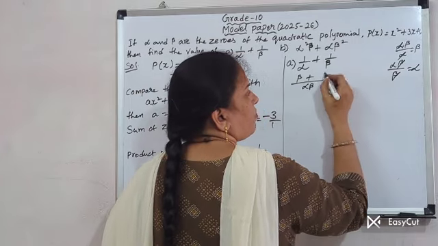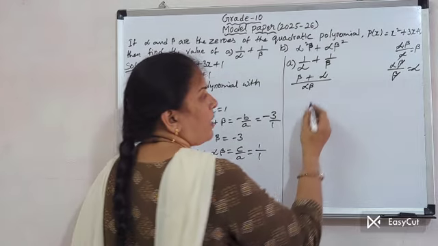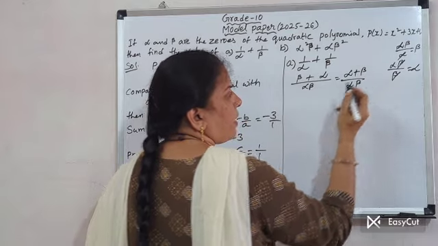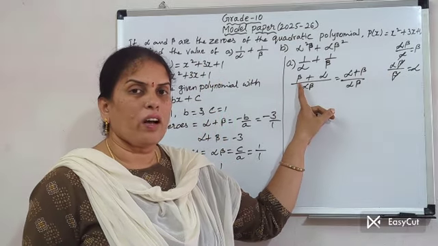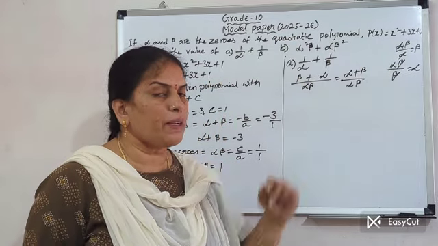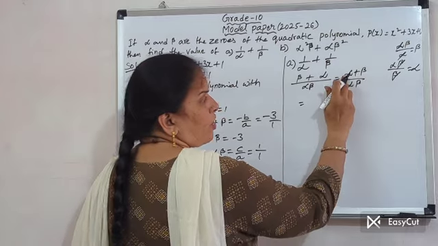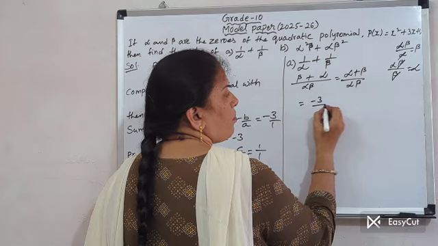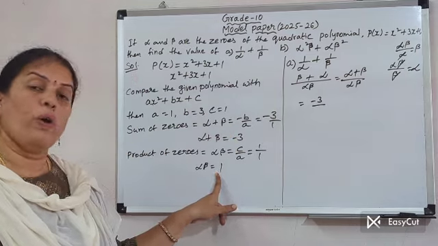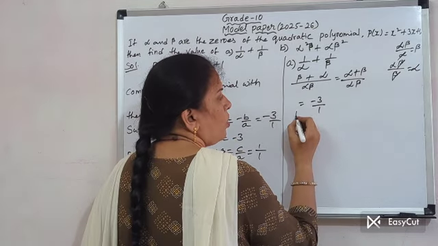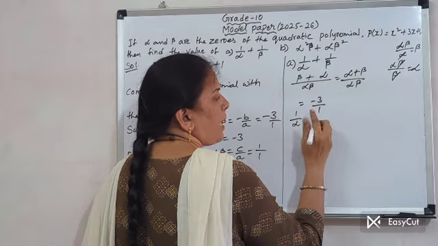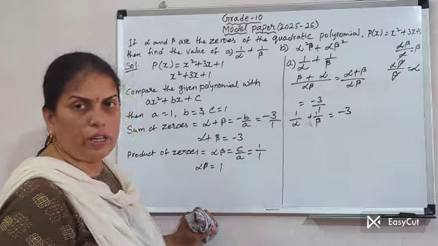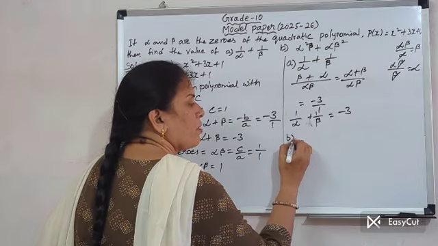Beta cancels, so alpha remains. Now we can write alpha plus beta by alpha beta, since beta plus alpha is equal to alpha plus beta only. The value of alpha plus beta is minus 3, divided by the alpha beta value, which is 1. So, 1 by alpha plus 1 by beta is equal to minus 3. Understood?